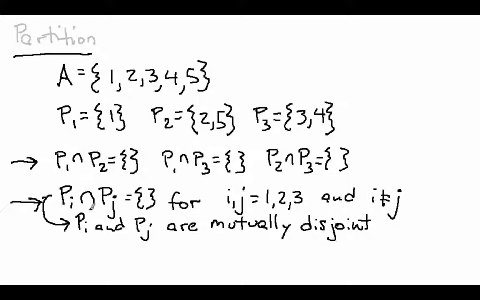Okay? In other words, the intersection of any two of these is always empty. And the other thing that I want you to note here is that P1 union P2 union P3 is equal to A.